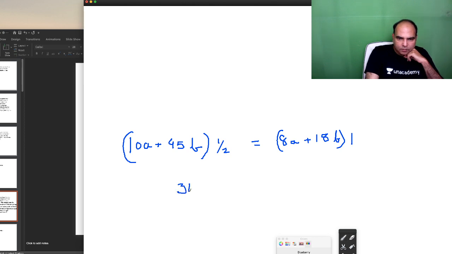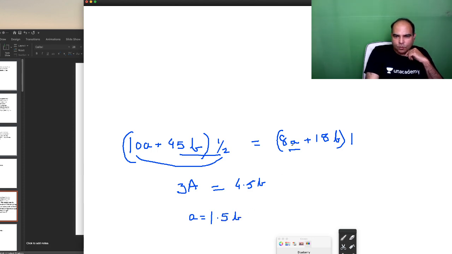So what you get is 3A, because this will be 5A and this is 8A, so 8A minus 5A, 3A. And यहाँ पे 22.5B and 18B है, तो 3A is equal to 4.5B. So A is equal to 1.5B. So if I use that in this, I have got my total work as 12B plus 18B. My total work is 30B.